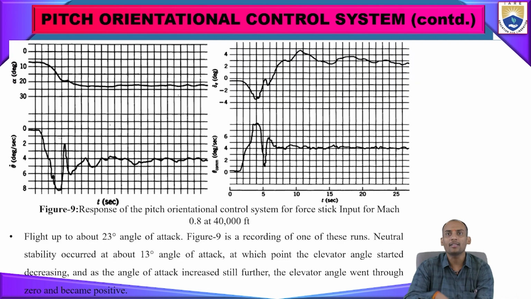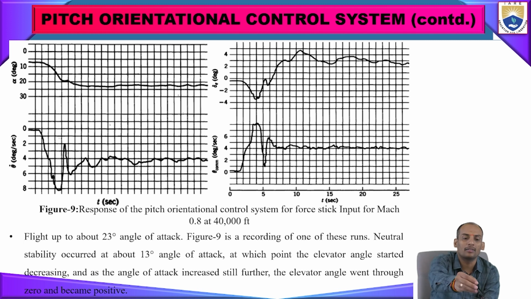The response with respect to time is recorded here. For flight up to about 23 degrees of angle of attack, in the recording of one of these runs, neutral stability occurred at 13 degrees.